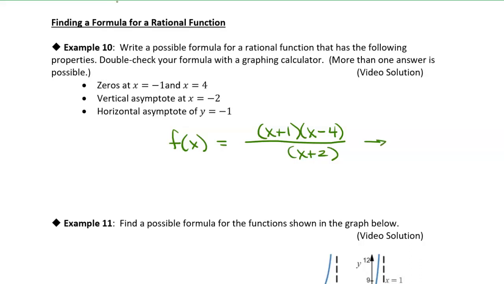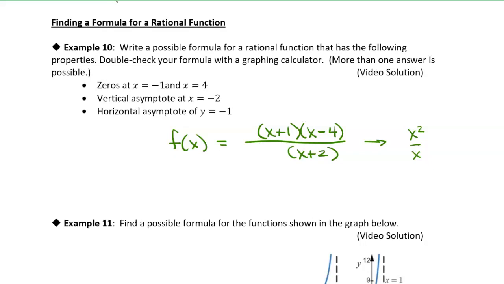So in the long run, as x goes to infinity, as we have it now, this looks like it's going to be x squared, right? The leading term, if I FOILed this out, would be x squared in the numerator and an x in the denominator. So as it is now, that would reduce down to x, and that is not going to go to -1.